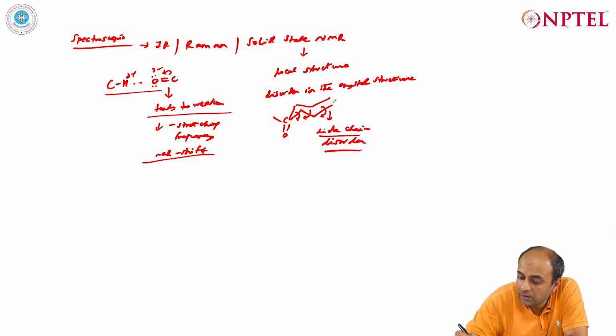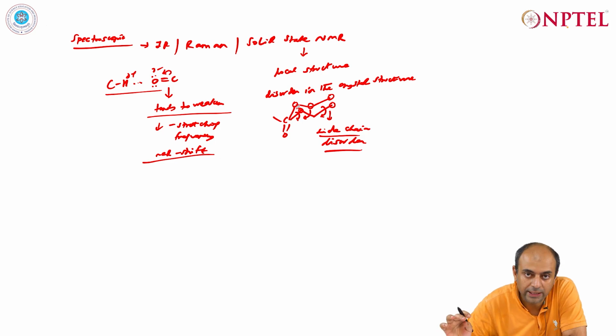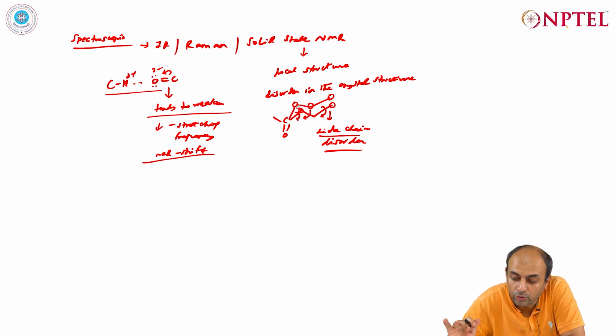This side chain disorder is very common in crystal structures, and because of which the side chain tends to get populated into different orientations, and this is indicative of disorder, and the spectroscopic signature of these carbon atoms in the disordered state is different compared to a propyl chain which is not rotating.